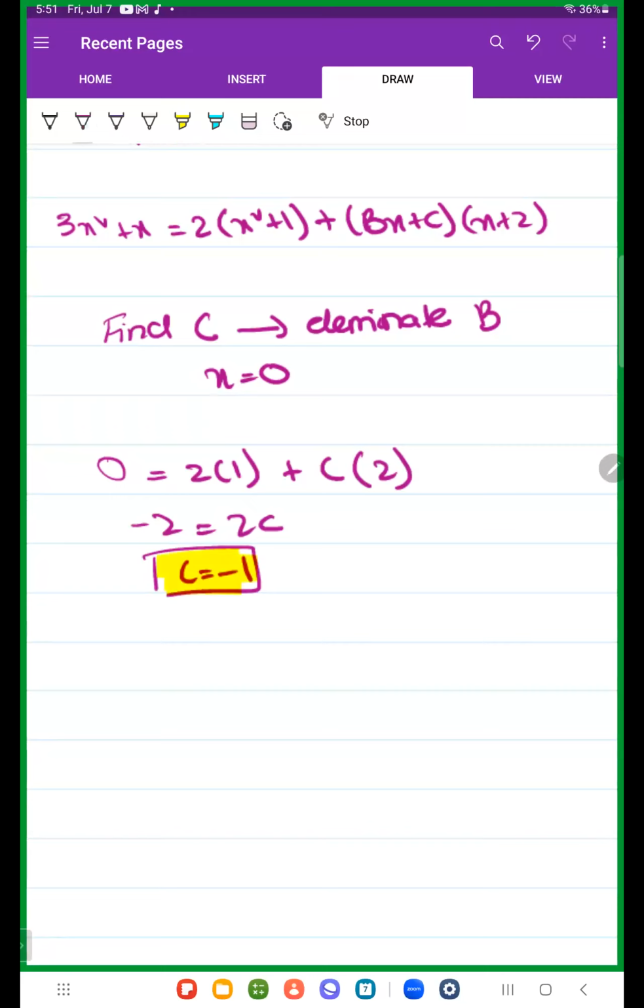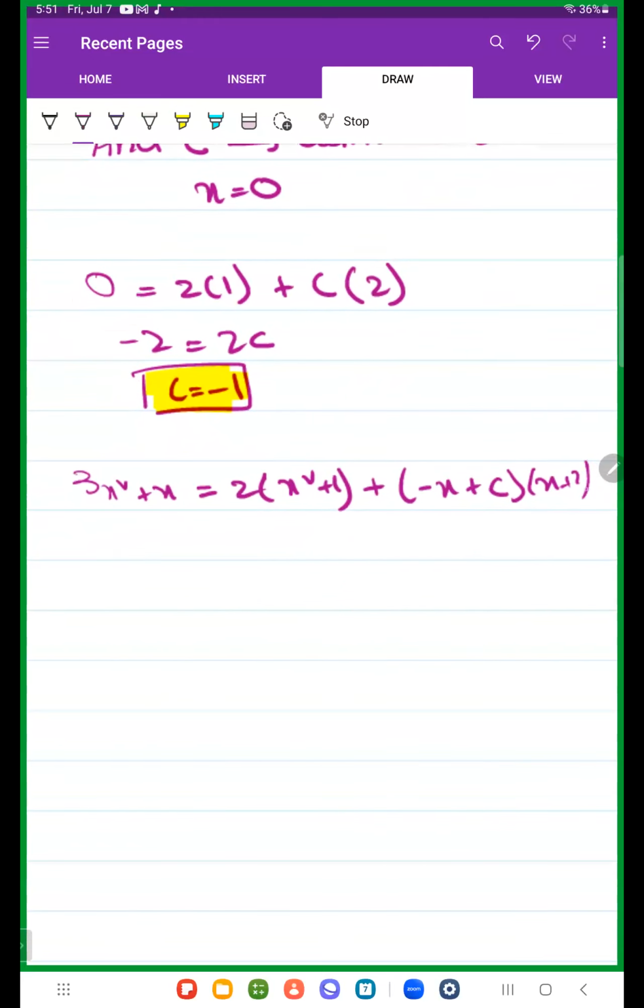Now you only have one unknown. You found out a, you found out c. So you can plug in x as any value to find out the remaining one. For example, I plug in x as 1.